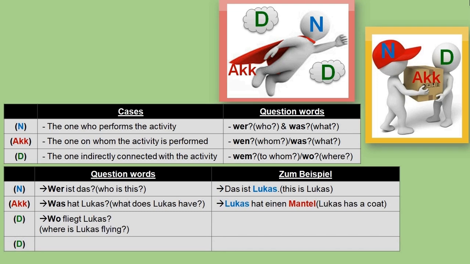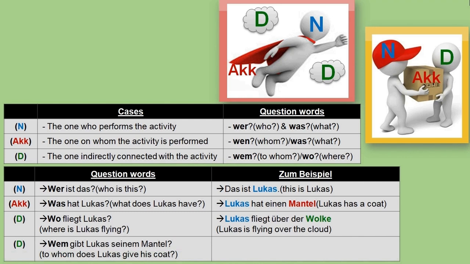Where is Lukas flying? Lukas fliegt über der Wolke. Lukas is flying over the clouds. Wem gibt Lukas seinen Mantel? To whom does Lukas give his coat? Lukas gibt dir seinen Mantel. Lukas gives you his coat.